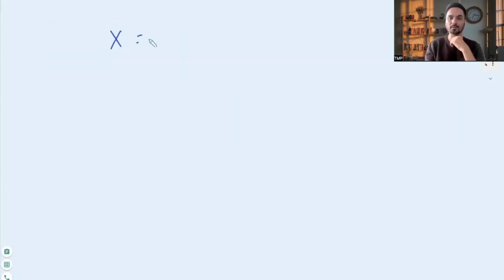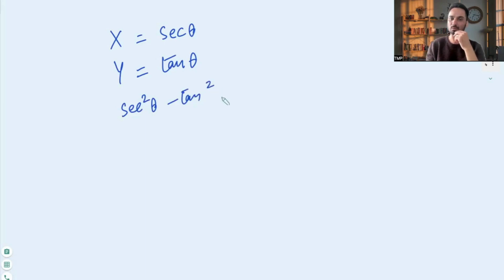But x is equal to sec theta and y is equal to tan theta. And we know that sec square theta minus tan square theta equals 1. That means x square minus y square is equal to 1.